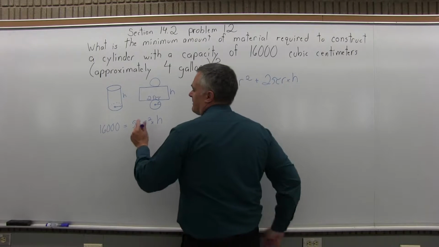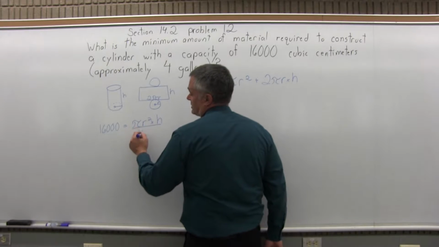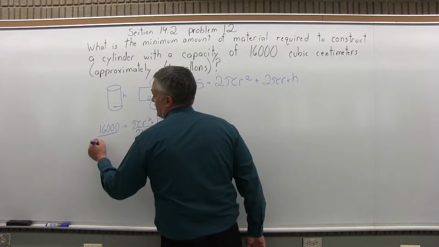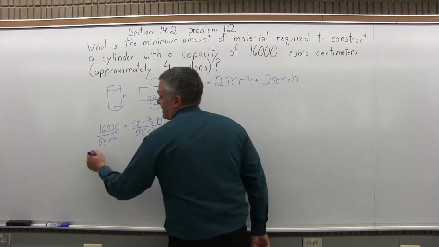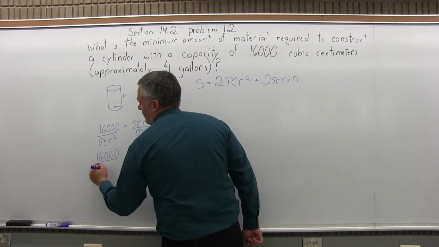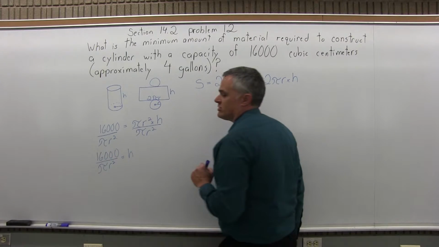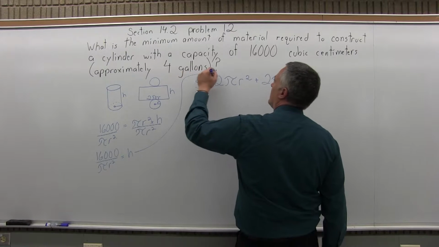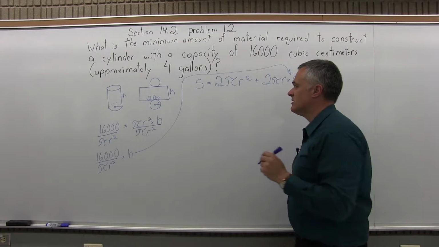So let me divide both sides by the stuff that's being multiplied times the h. So the right side of my equation divided by pi r squared, and the left side of the equation divided by pi r squared. So I get 16,000 over pi r squared is equal to h. So now that I know what h is in terms of r, I can plug it into my function.